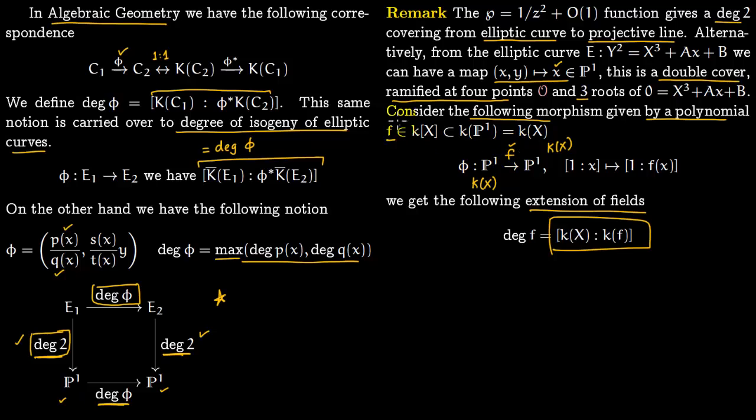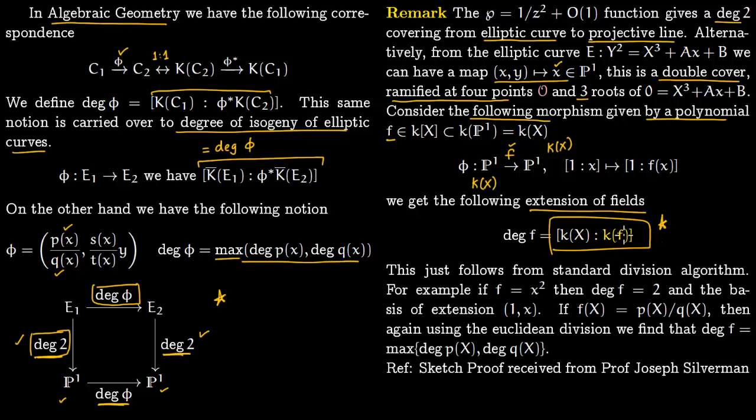Since f is just a polynomial here, this will become K(f). This is important to notice. We are saying that this degree is precisely equal to the degree of f, and this will follow from our standard division algorithm, as we do in Galois theory about fields. It becomes more clear if I give you an example.